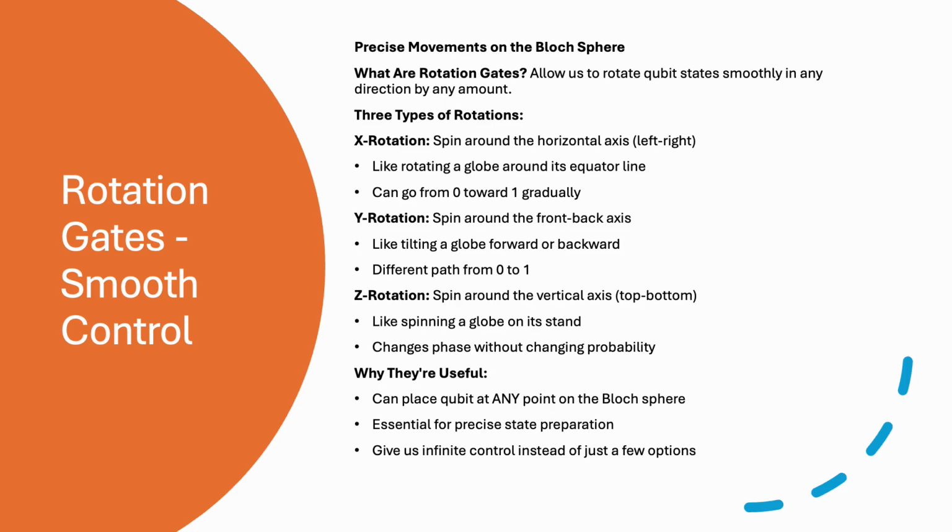In fact, a powerful mathematical result tells us that any single qubit operation can be decomposed into a sequence of three rotations, one around z, one around y, and another around z. This means that with rotation gates we have complete control over single qubits. Combined with multi-qubit gates like CNOT, we can implement any quantum operation whatsoever.